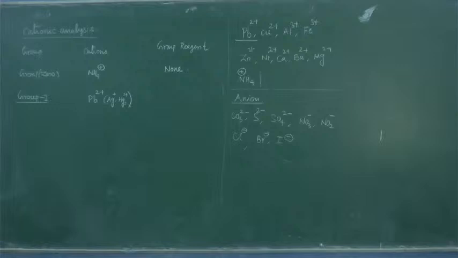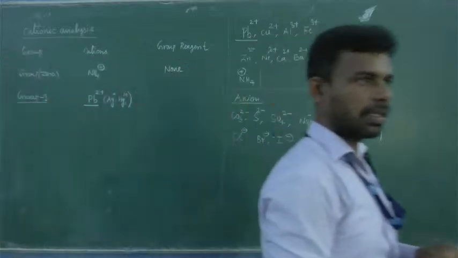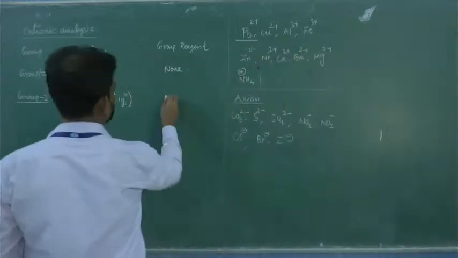Is it clear? Only we are going to focus on lead. The remaining two we are not going to discuss. Our group 1 cations are these 3: lead, silver, mercury. Is it clear? The reagent for this, we have to use dilute HCl.